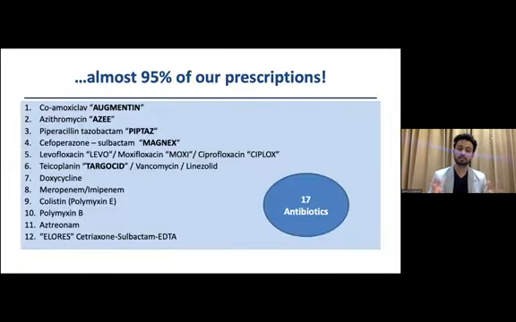And when we look into a tertiary care center, around 90 to 95% of our prescriptions include coamoxiclav, macrolides like azithromycin, piperacillin tazobactam, cefoperazone sulbactam, levofloxacin or ciprofloxacin, teicoplanin, vancomycin or linezolid, doxycycline, imipenem, meropenem, colistin, polymyxin B, aztreonam, and ceftriaxone with EDTA combination.